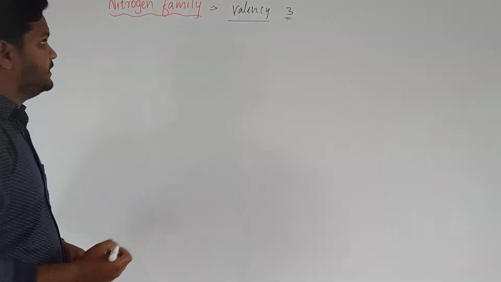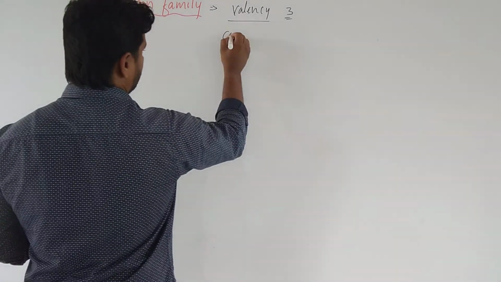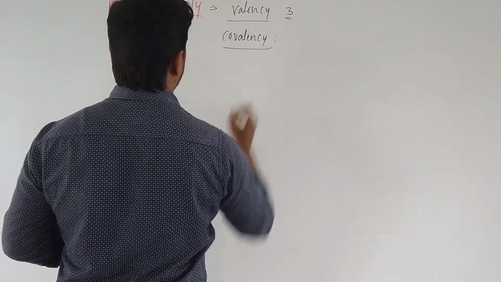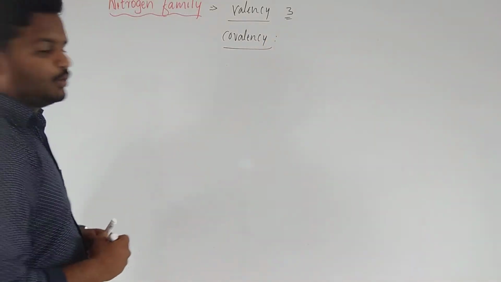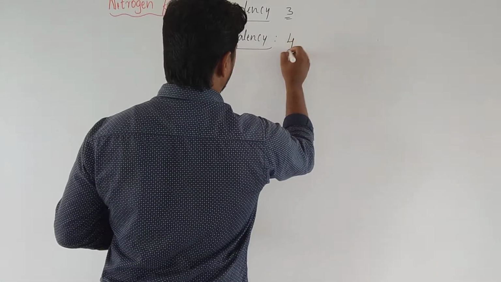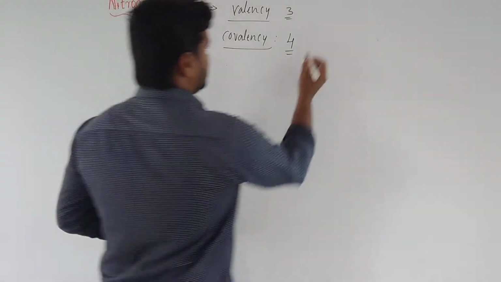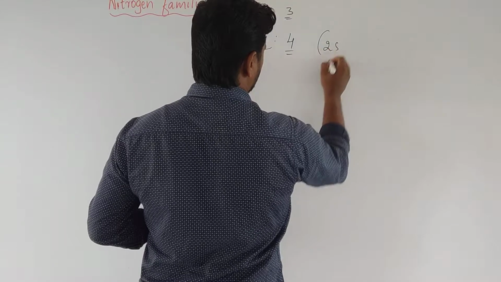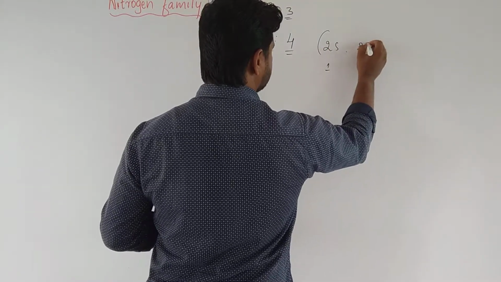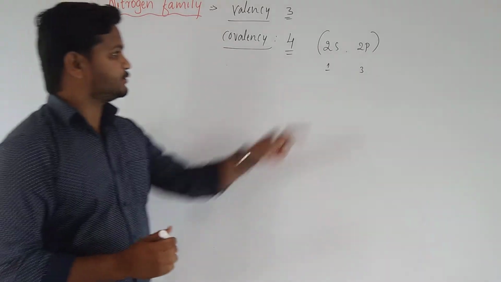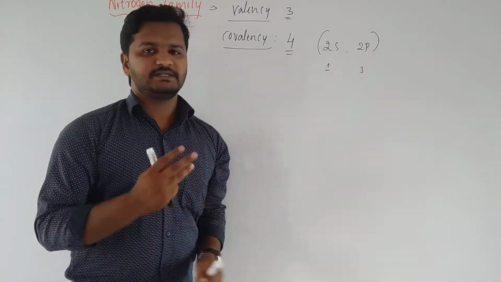Okay, and covalency of the nitrogen family, or you can say covalency of nitrogen, is 4. Covalency of nitrogen is 4 due to one 2s orbital and three 2p orbitals. In nitrogen, one 2s orbital is present and three 2p orbitals are present.